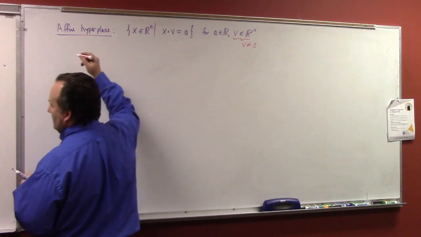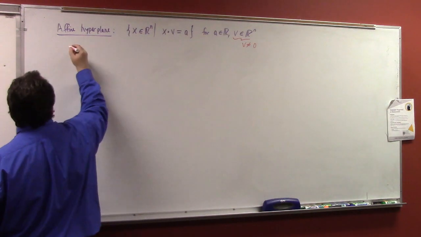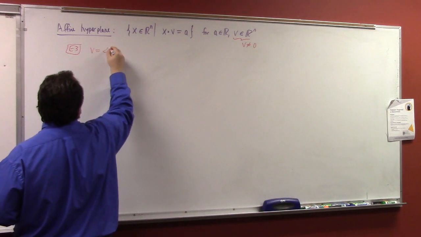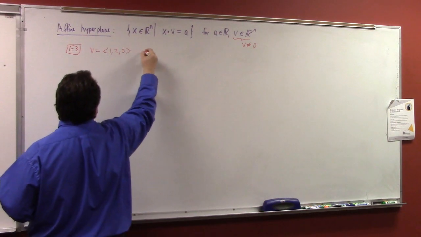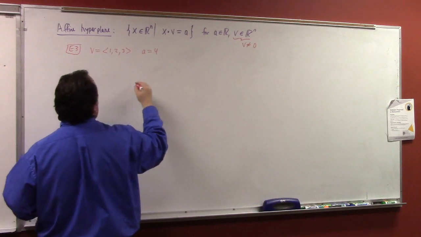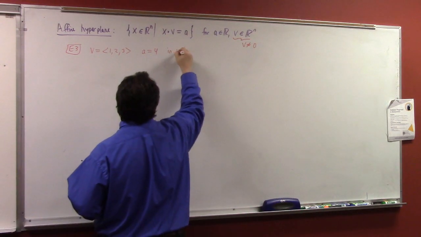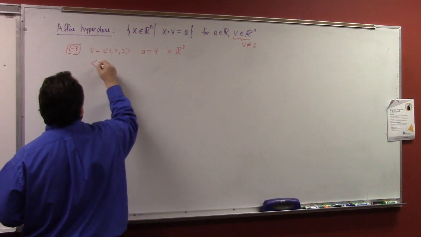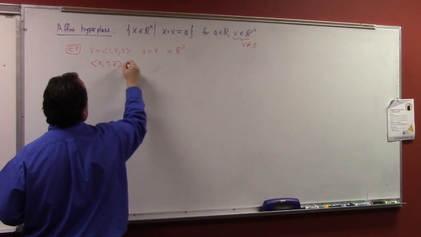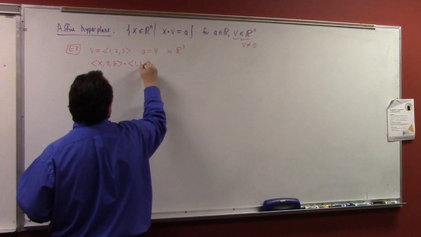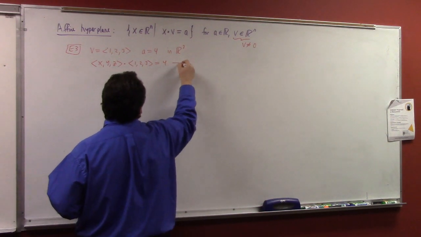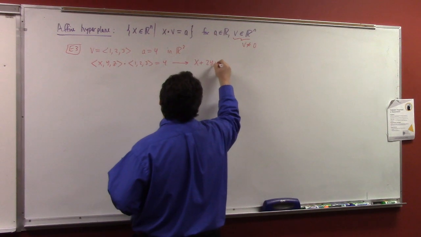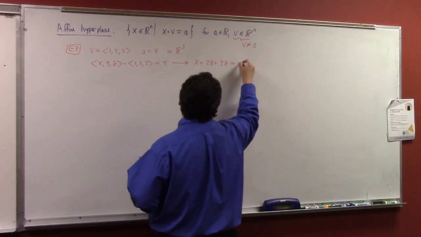Fixed a. So for example, we could have v is (1, 2, 3) and a equals 4 in R3, right? And the x, of course, would be (x, y, z). Dotted with (1, 2, 3) equals 4, which of course is x plus 2y plus 3z equals 4.